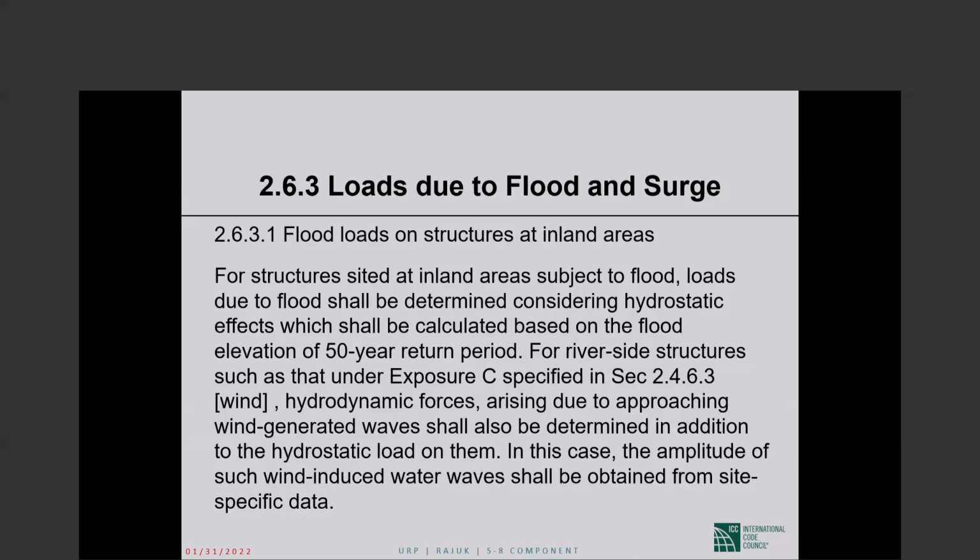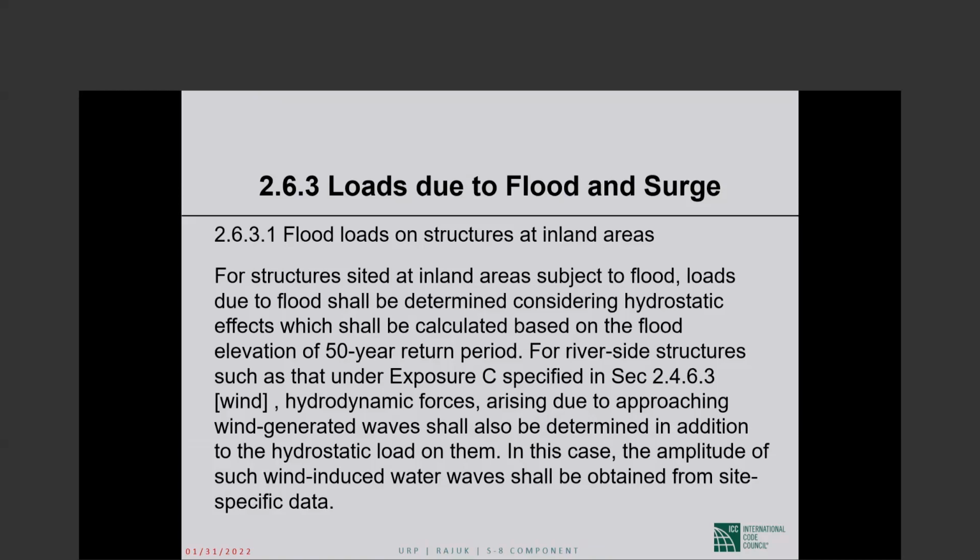So for structures sited at inland areas subject to flood, not coastal area, inland area subject to flood, loads due to flood shall be determined considering hydrostatic effects only, which shall be calculated based on the flood elevation of 50-year return period. Now, where that statistic is available, I do not quite know, but that's what BNBC is saying.